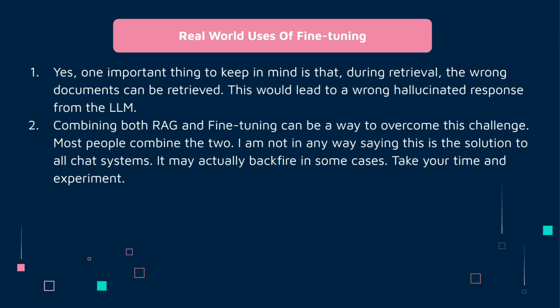From my point of view, I would say yes, you should combine RAG and fine tuning in some cases. Why am I saying this? Sometimes RAG can retrieve the wrong documents. If it retrieves the wrong document, our bare model should be aware enough to realize that we have retrieved wrong information.